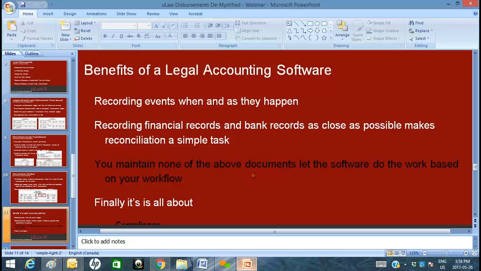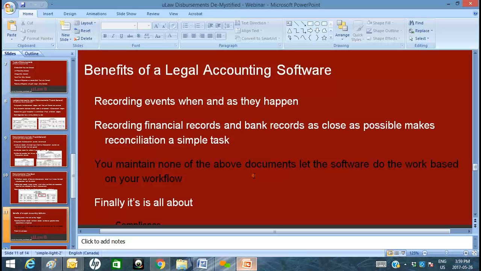But fundamentally, whether you do it manually or through accounting software, legal accounting software even better, because it combines the power of the legal aspects of your accounting as well as the business aspects of your firm. But it's equally important to record these events, which are disbursements and expenses being paid, as and when they happen. That's the most fundamental bottom line to disciplined expense or disbursement management.